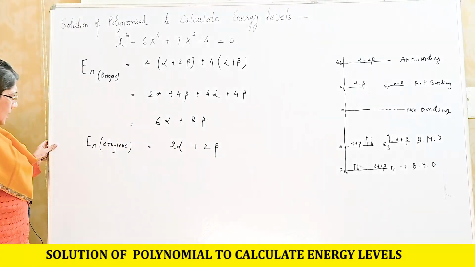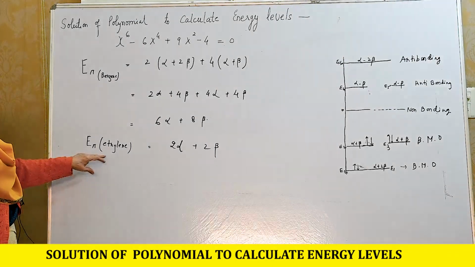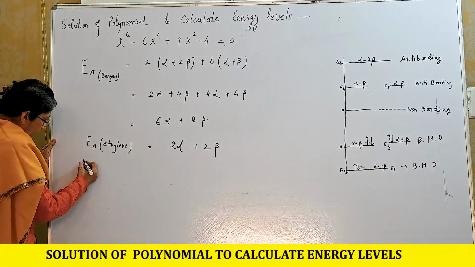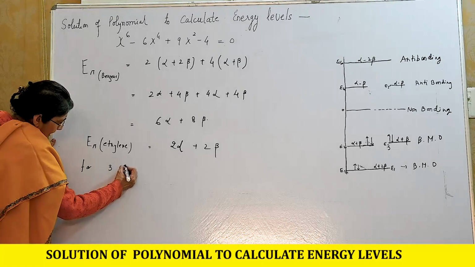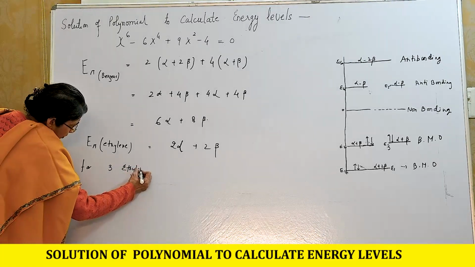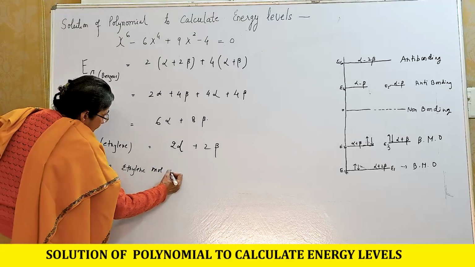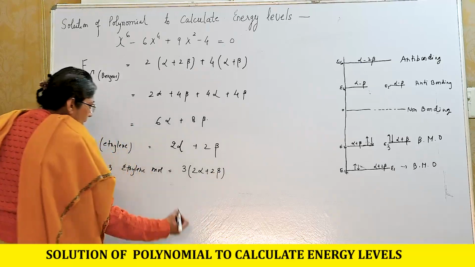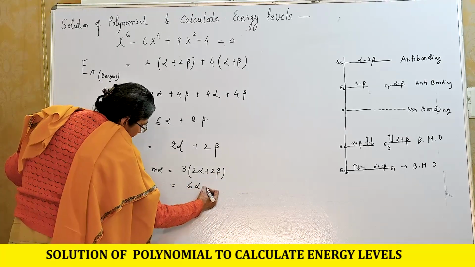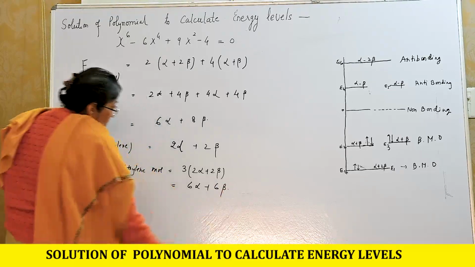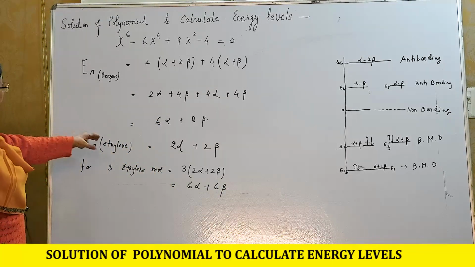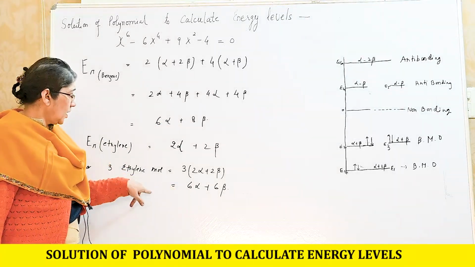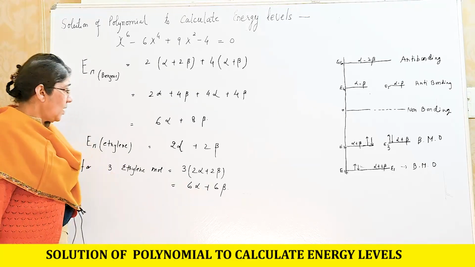The pi electronic energy for ethylene is 2 alpha plus 2 beta. For 3 ethylene molecules, it is 6 alpha plus 6 beta. So benzene, with 3 double bonds, has 6 alpha plus 8 beta, and 3 ethylene molecules have 6 alpha plus 6 beta.